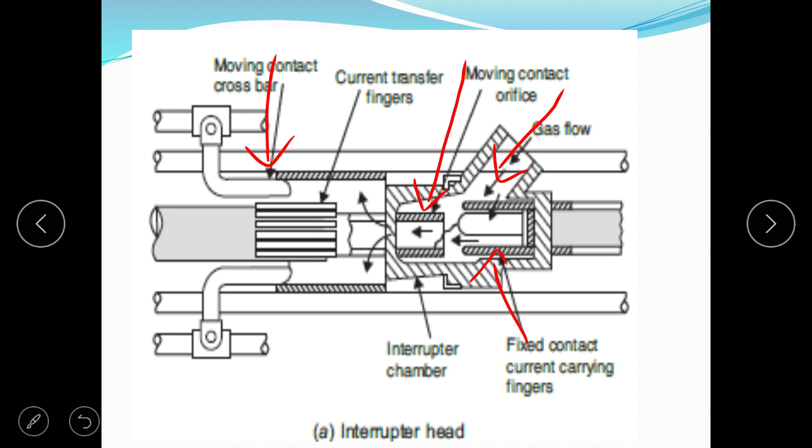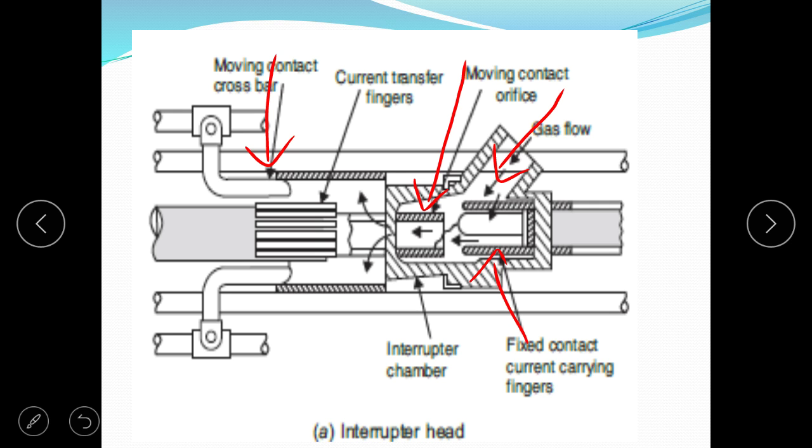The contacts are surrounded by the interrupting nozzles and blast shield to control the displacement and movement of the hot gas. The moving contact is in the form of a hollow nozzle. It slides in a second set of spring-loaded fingers. Side vents in the moving contact permit the high pressure gas into the main tank. So this high pressure gas provides the insulating medium.